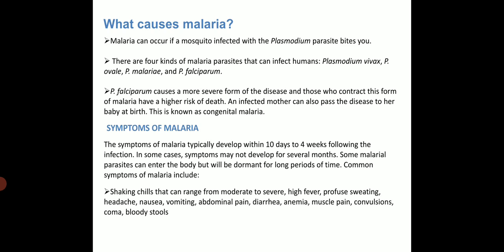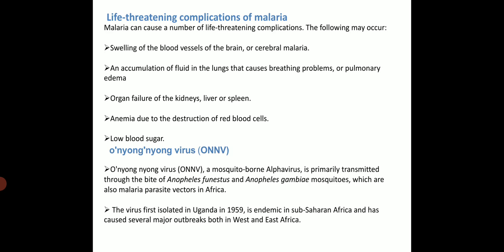There are also many life-threatening complications of malaria, such as swelling of the blood vessels of the brain, or cerebral malaria, accumulation of fluid in the lungs that causes breathing problems, organ failure of the kidneys, liver or spleen, anemia due to destruction of red blood cells, and low blood sugar.